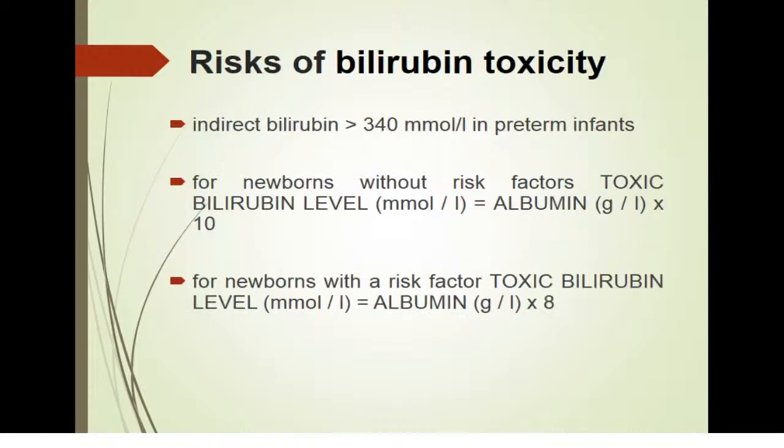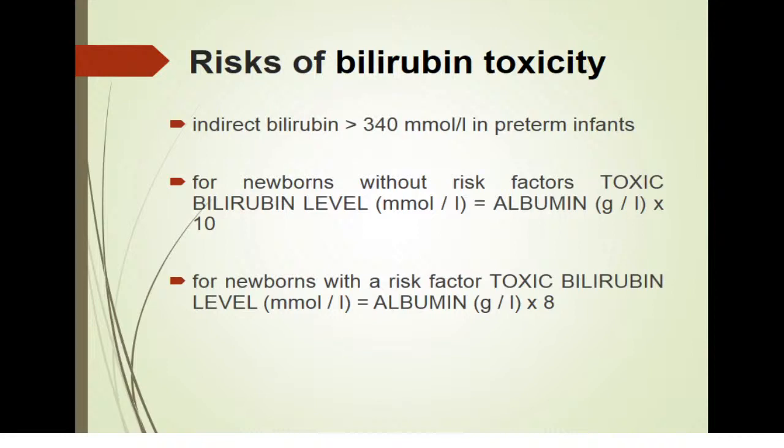Risk of bilirubin toxicity. The higher the level of bilirubin, the higher the risk of its toxicity. For a premature newborn, the toxic level of indirect bilirubin is more than 340 micromole per liter. The toxicity of bilirubin also depends on the level of albumin. Albumin is a large molecule.